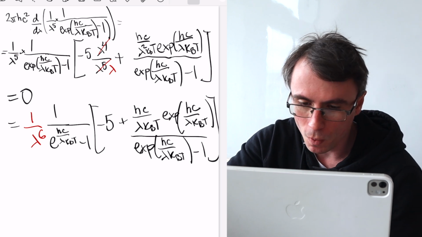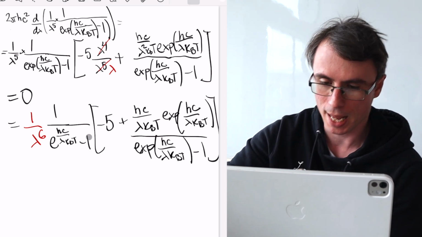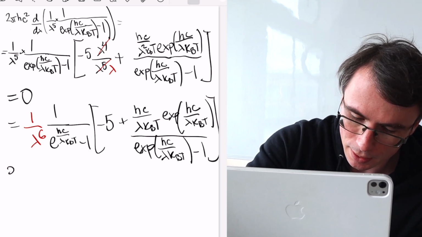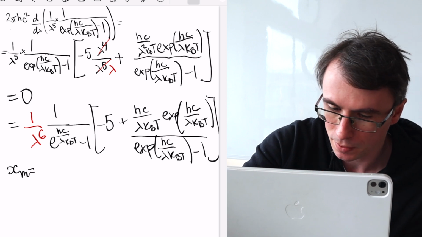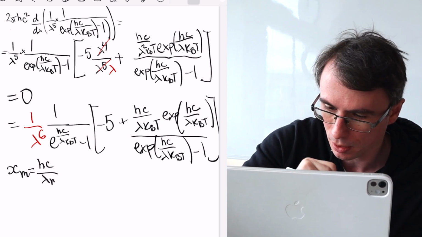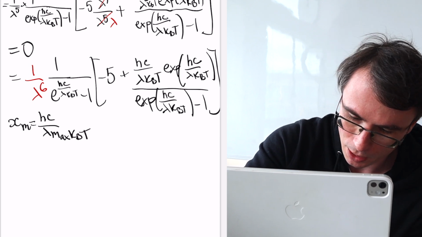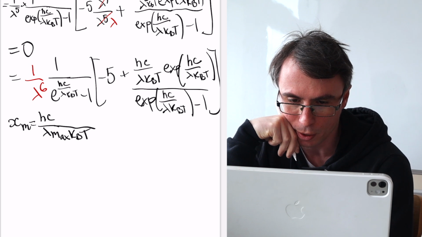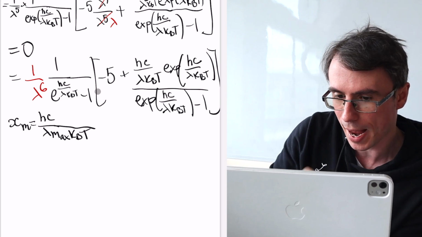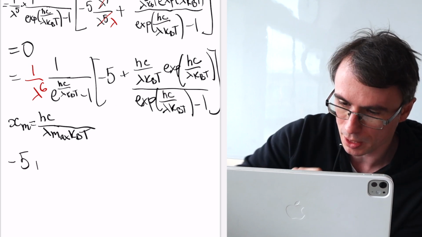Right, this thing can only be equal to 0 if this here is equal to that. But also, we're going to remember that xm is actually just equal to hc over lambda max kbt, like that. So what we can say is that this here has to equal to 0, so minus 5 plus.